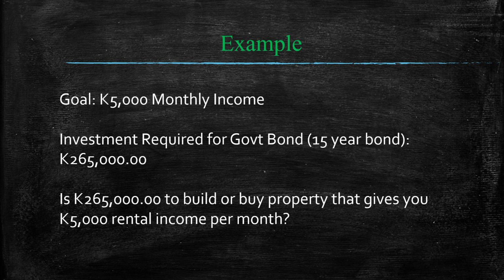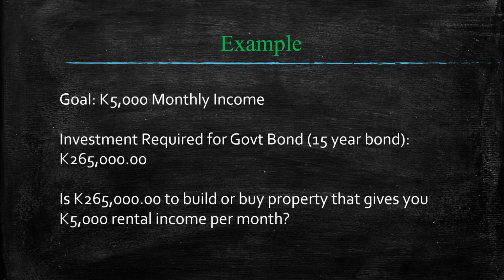You can imagine the entire checklist that you need to follow to build a property or a house. Are you able to do that from 265,000 kwacha and get the property ready and find someone to rent who then begins to give you 5,000 kwacha per month?